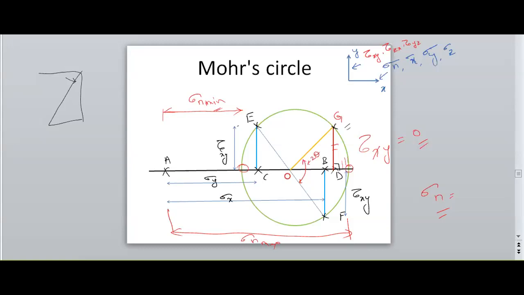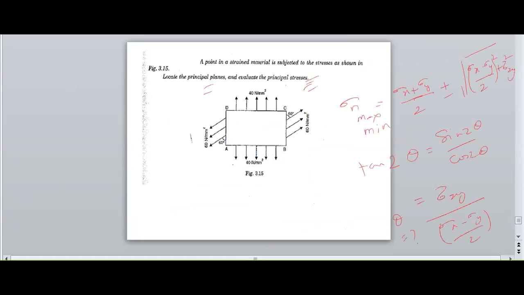So derive and find both the problems. Take a screenshot of this problem and solve it by two methods, the analytical method as well as the graphical method.